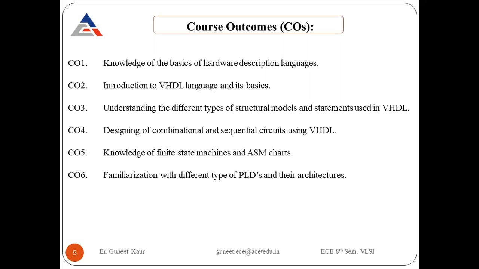Whereas in case of sequential circuits, we have flip-flops, registers, counters. We will do the designing in that using this language, VHDL. Now the course outcome number 5, that is knowledge of FSM. FSM stands for finite state machine. What does it mean?